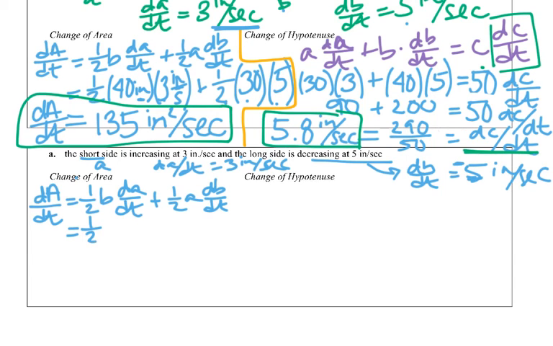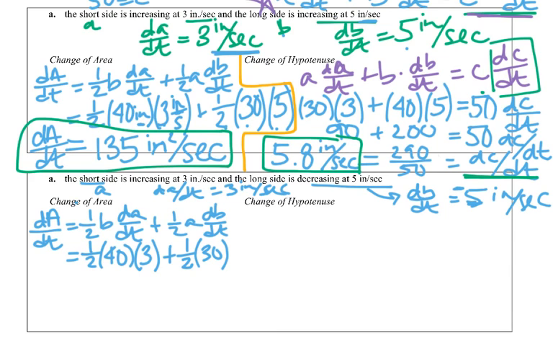So 1/2 B, our long side length is still 40, dA/dt this time is 3 inches a second, plus 1/2 A, the short side is 30, times dB/dt, while dB/dt is negative 5. When we plug that in, we get that dA/dt is negative 15 inches squared, because it's area, a second.